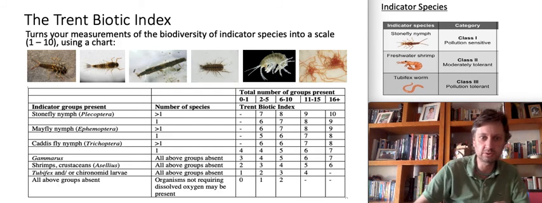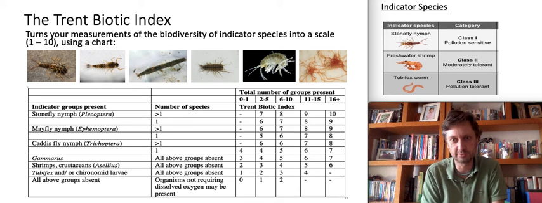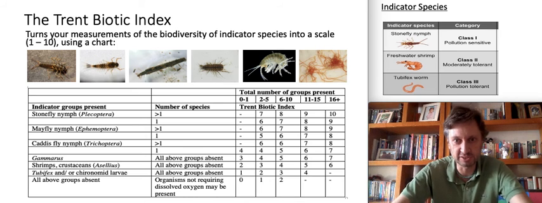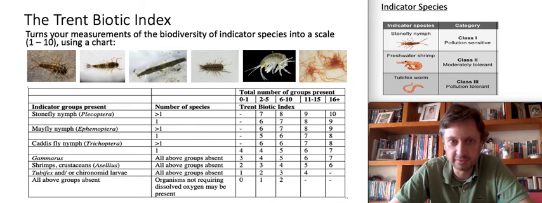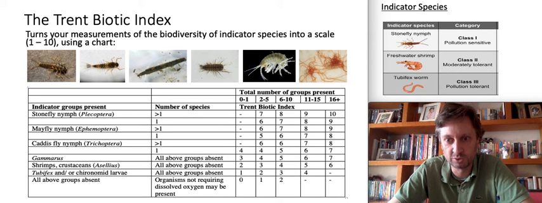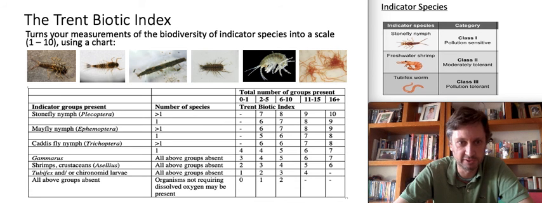Okay, so I want to go through how you actually carry out or how you measure pollution on a biotic index. The one I've chosen is the Trent Biotic Index. It's named after the River Trent in England, which interestingly, again, is relevant to me because it was the first river that I worked on. My first job was with the Severn Trent Water Company, and I was actually looking at the Trent River pollution within it.